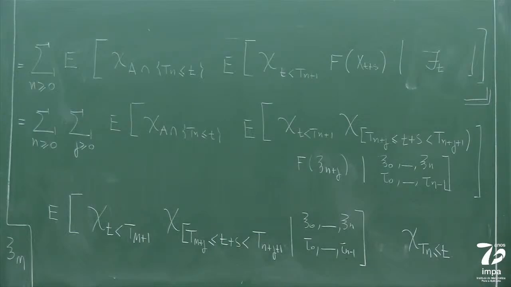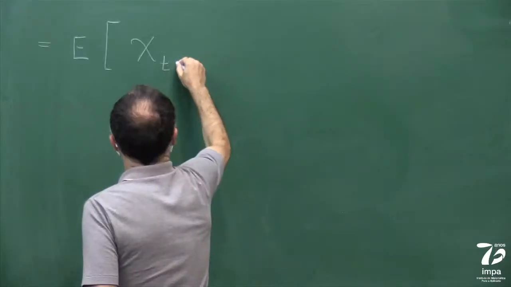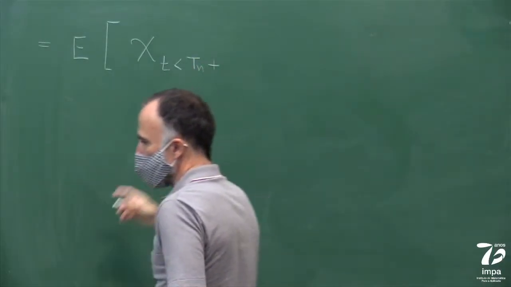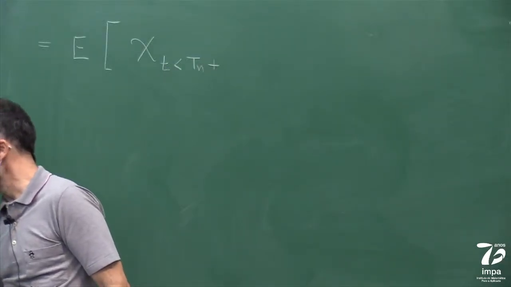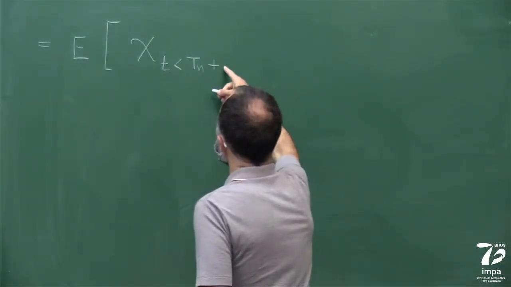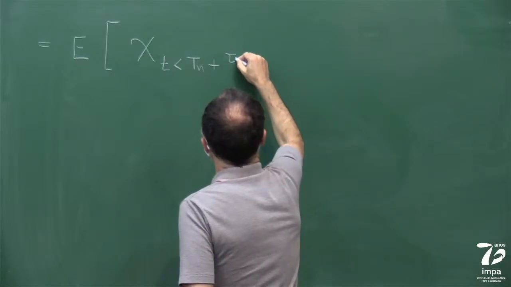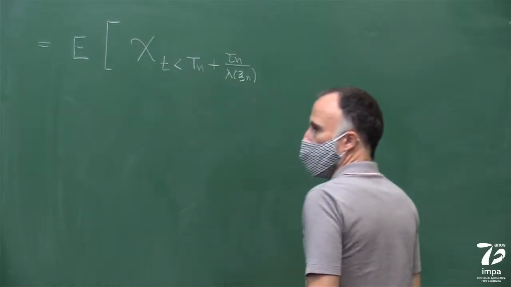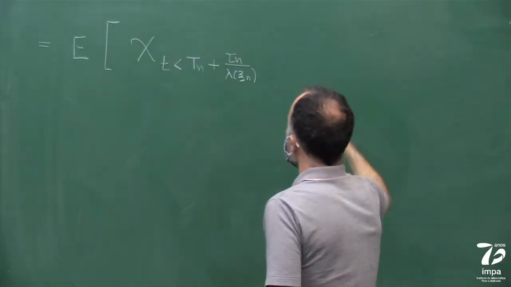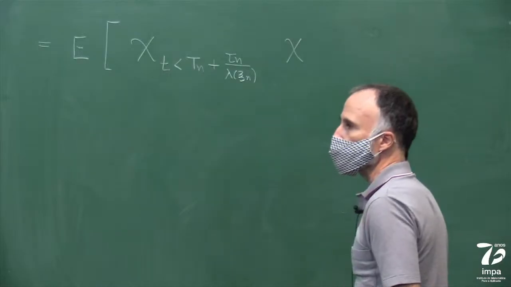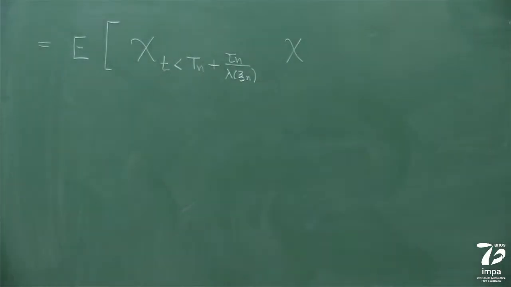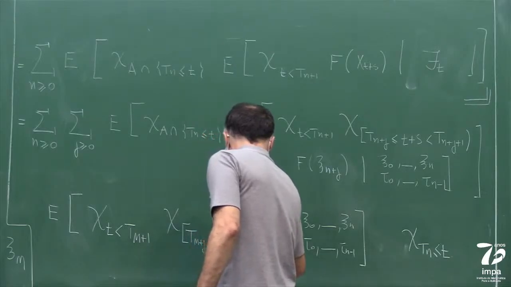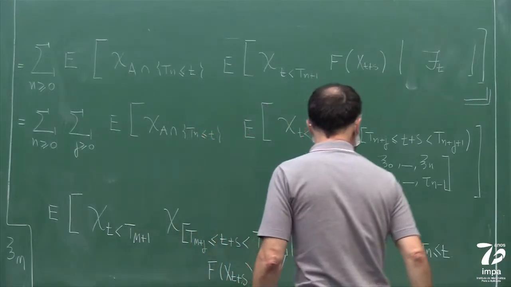So this is equal to t less than tn plus, so I'm writing tn because tn is measurable with respect to these variables, plus Sn plus 1, but Sn plus 1 is tau n divided by lambda psi n. And then I have a second conditional expectation, of course, and here I forgot the f of x t plus s. Okay, so there is still f of x t plus s.